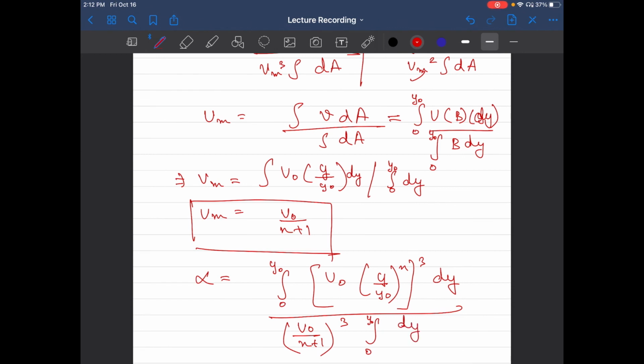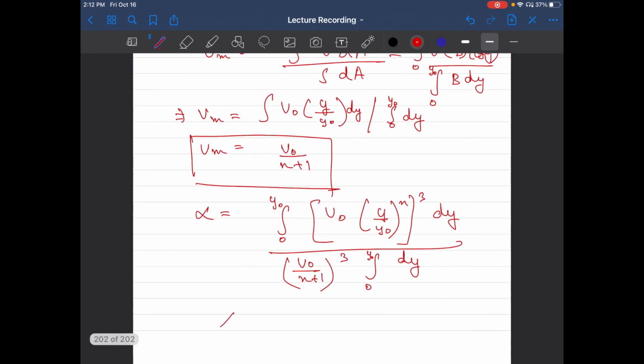When you solve this particular integral, which is a very straightforward integral to solve, because here we would have the integral of y raised to power 3n, which would be y raised to 3n plus 1 divided by 3n plus 1, and the integration of dy would be simply y, and we just substitute the limits. Our expression for alpha comes out to be n plus 1 cube divided by 3n plus 1.